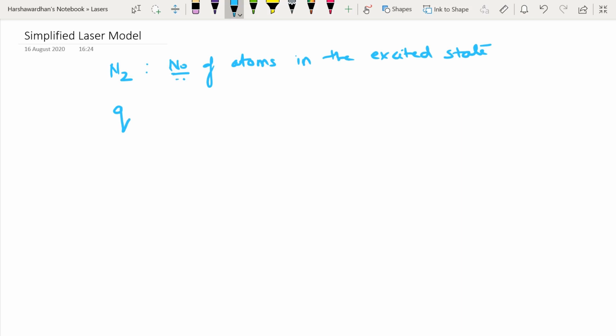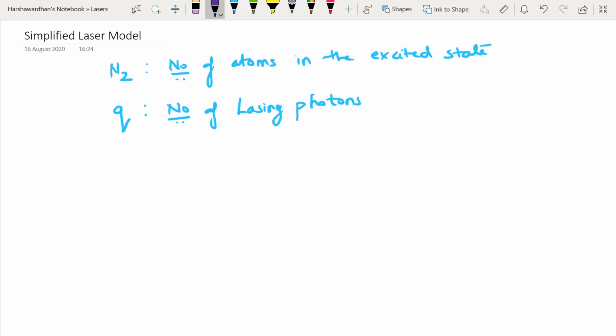And Q is the number of lasing photons. So now let me quickly clarify how these arise.